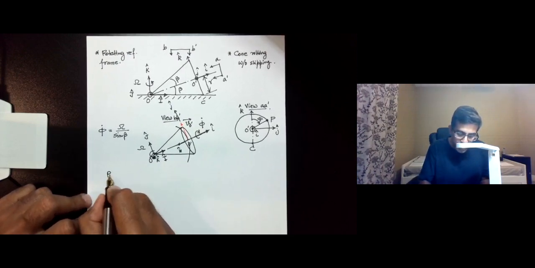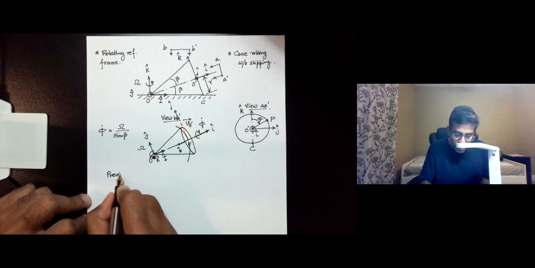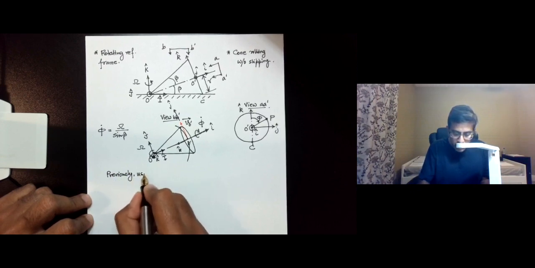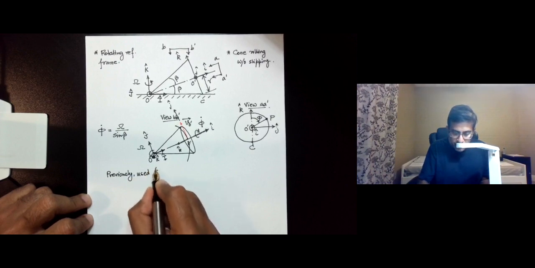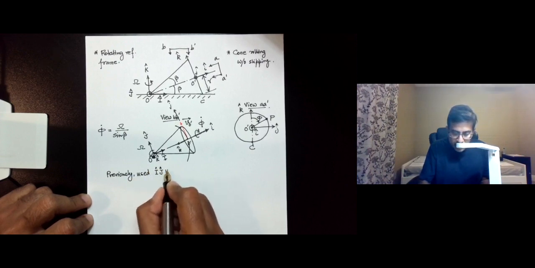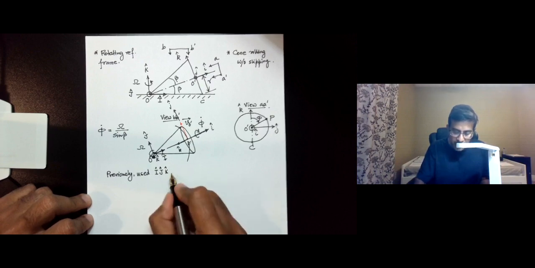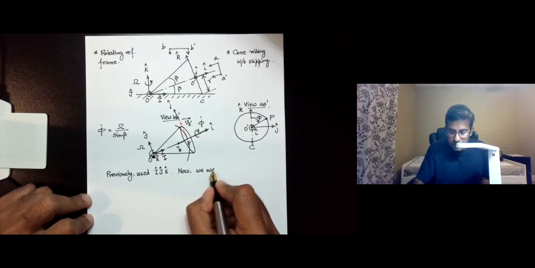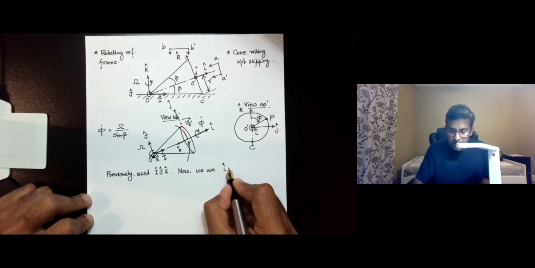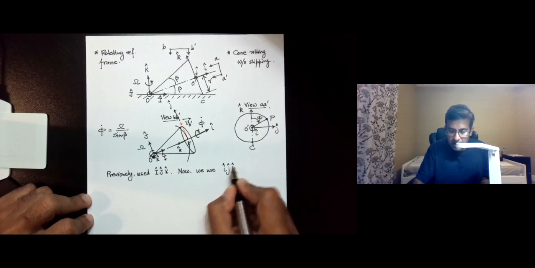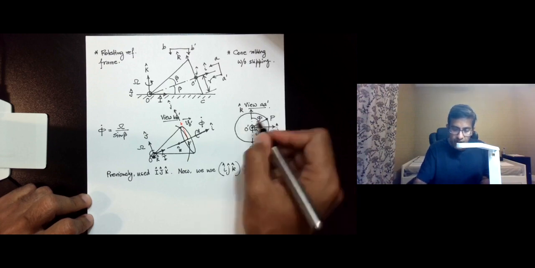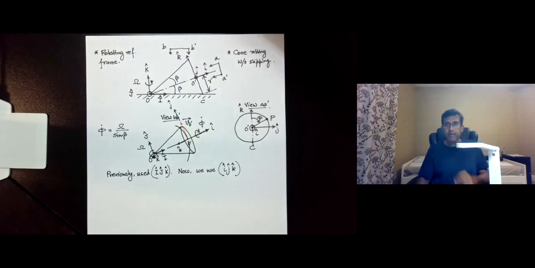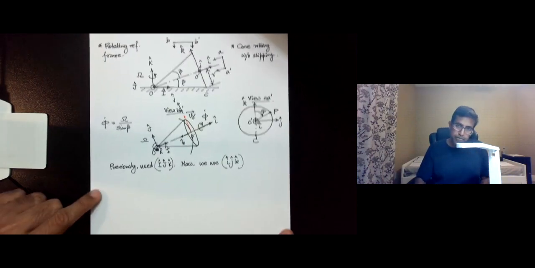Previously we used capital I, J, K. We have used this triad. Now we use small i, j, k. This triad that we have shown here.